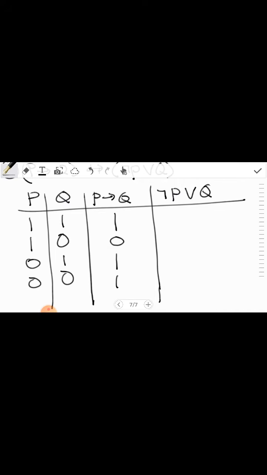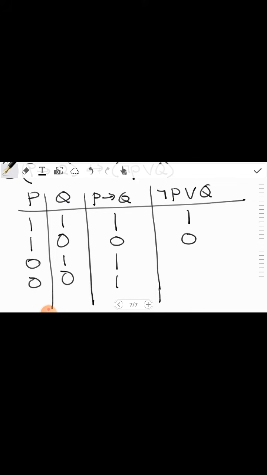And then, for this column now, not P or Q. So we negate P first. This becomes 0. This becomes 0 or 1. This must be 1. This becomes 0 because we negate it, or 0, 0 pa rin.